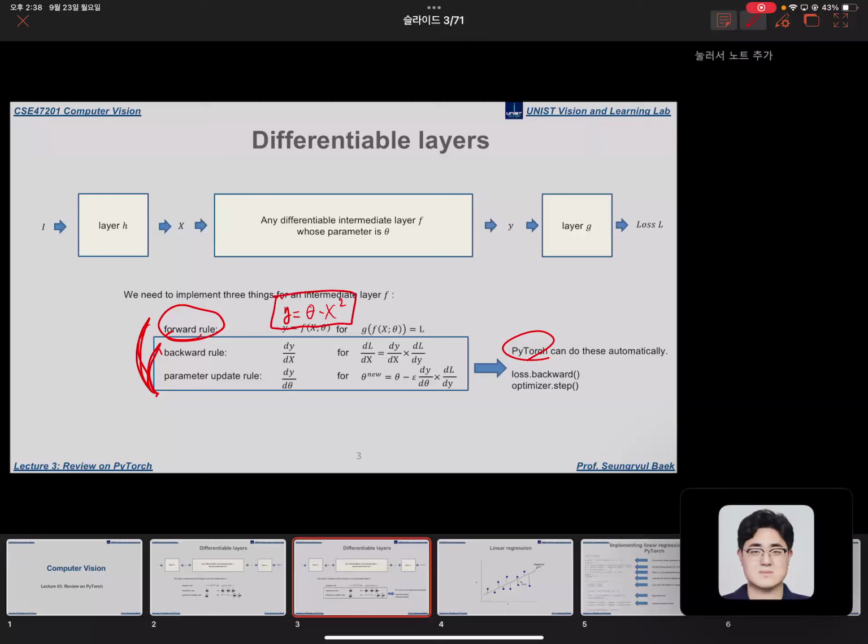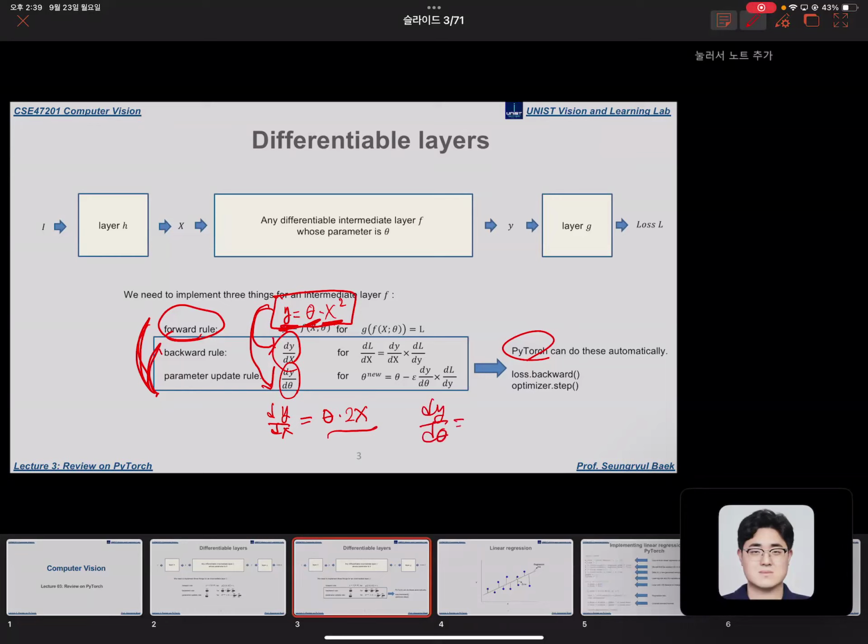Your input is X, okay? And your output is Y. And this is some parameters for that layer. Then you have to calculate these two gradients. I mean, you have to write down some formula for calculating this gradient. So for example, dy/dx is this. Okay, you may manually calculate this like this, right? And also dy/dz, you can calculate that as x squared. Okay, is that true?